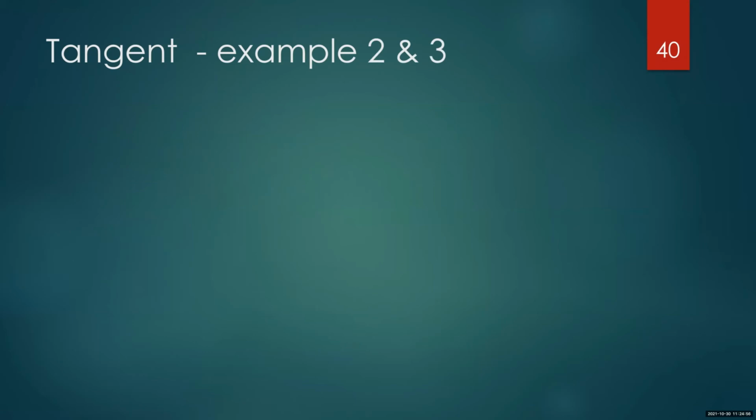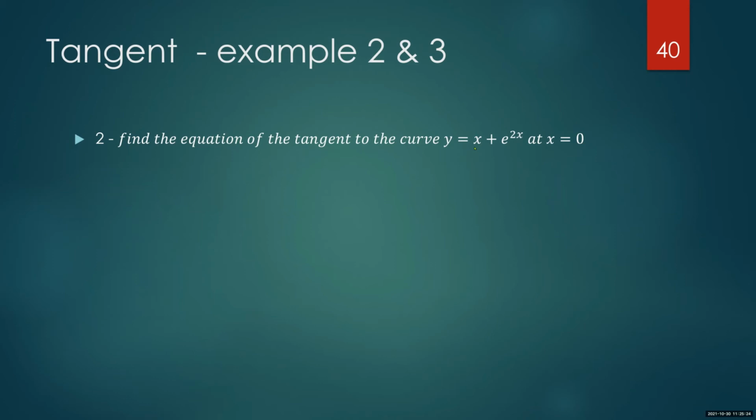And so some other examples then. Find the equation of the tangent to the curve where y is equal to x plus e to the power of 2x when x is equal to 0.